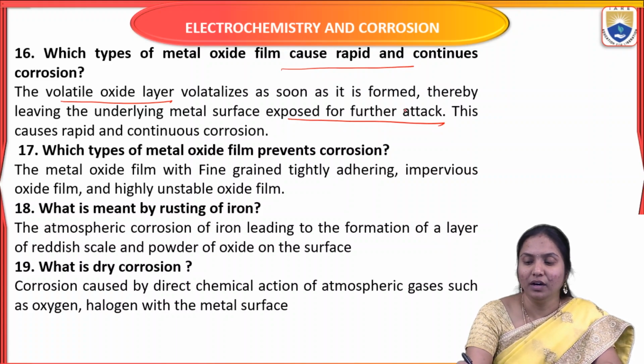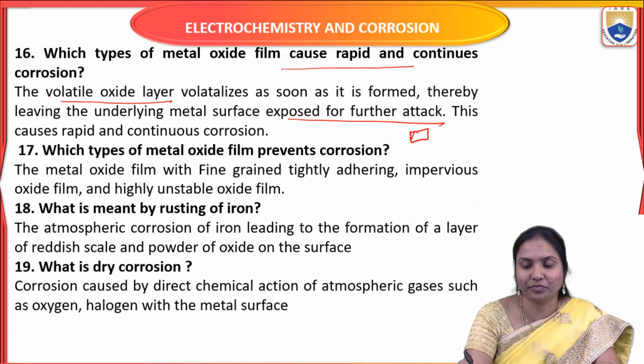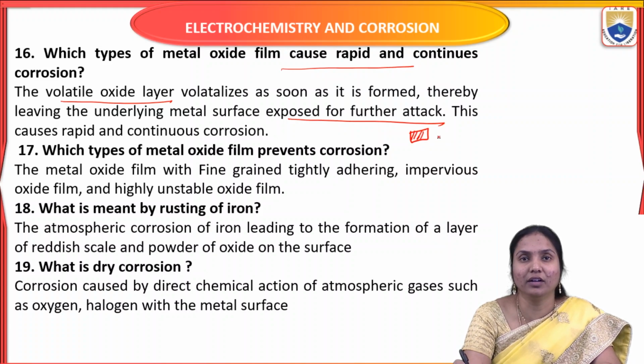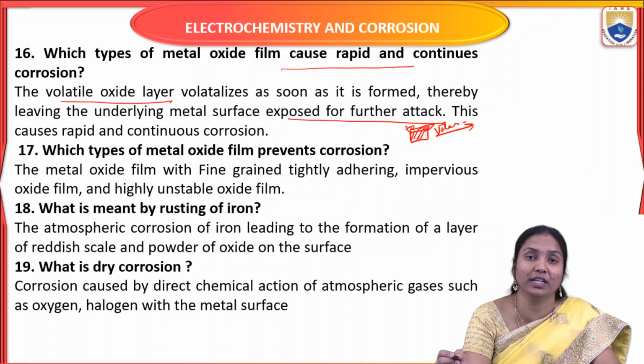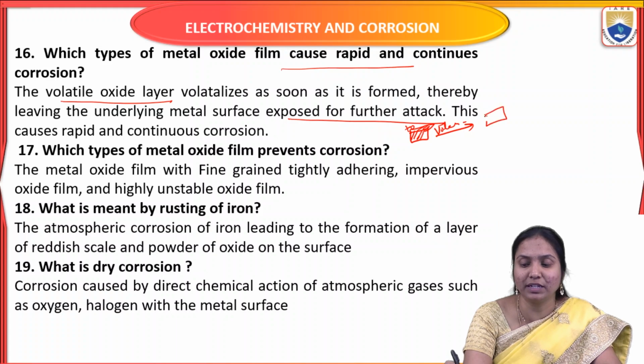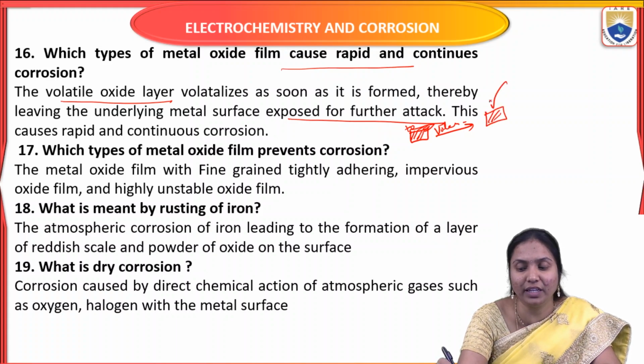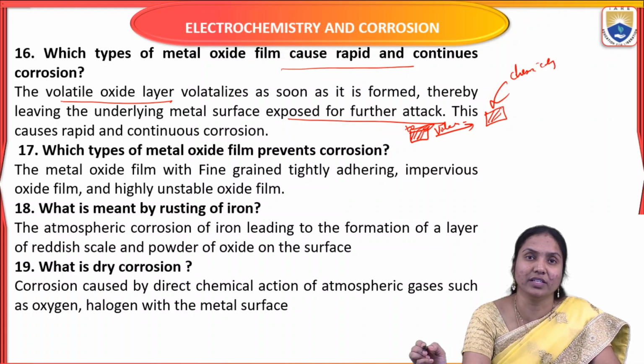For example, take any metal. First it reacts with oxygen and forms a metal oxide layer. But it is volatile, that means a sudden change occurs and the metal oxide layer evaporates. In this case a fresh metal surface is available, so other chemicals can attack this metal surface.